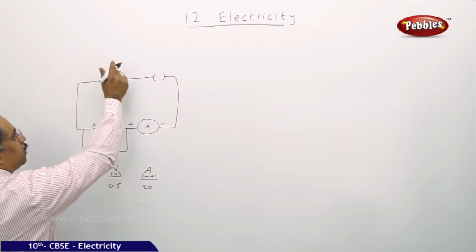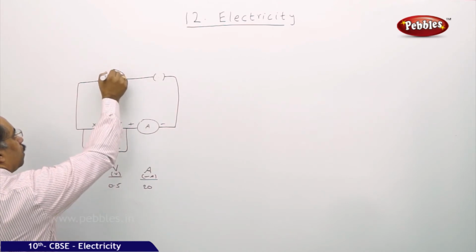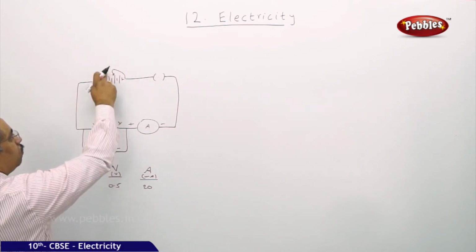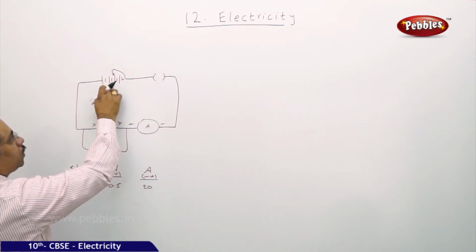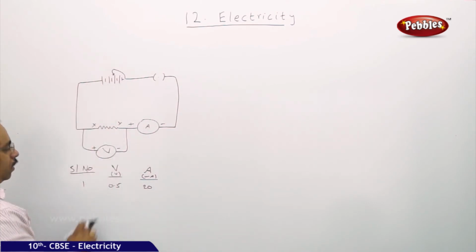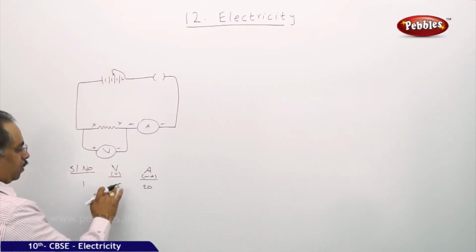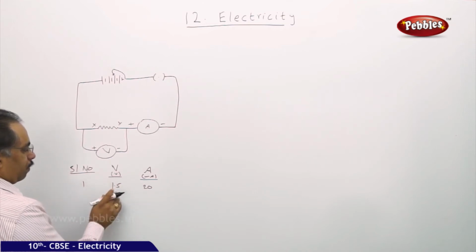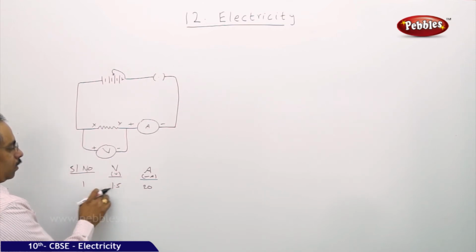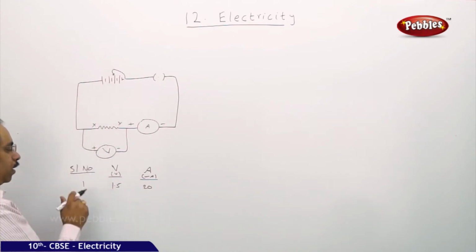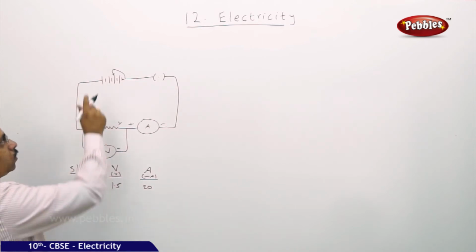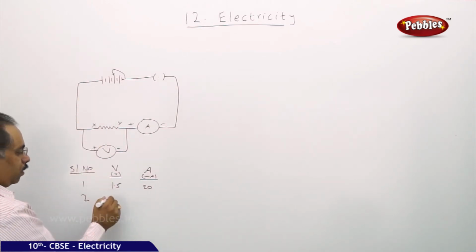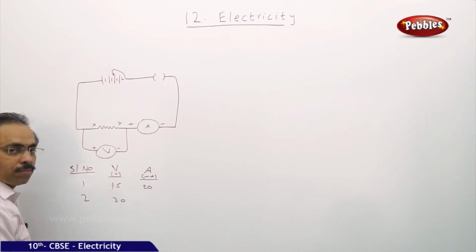Then I'll take this connection over here and connect this point over here. That means now I am having two cells. Let us say instead of 0.5, I'll say 1.5 in the first case. For each cell 1.5 volt, now I am taking two cells, so 1.5 plus 1.5, I'll have 3.0 volts.